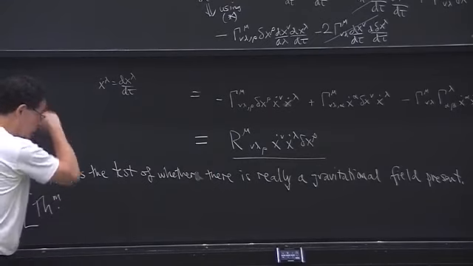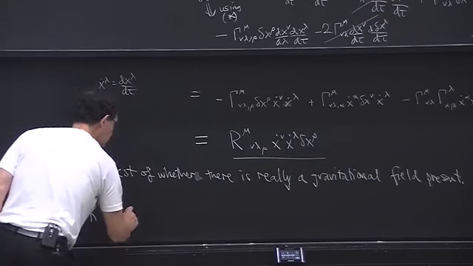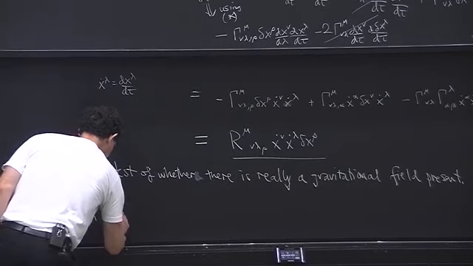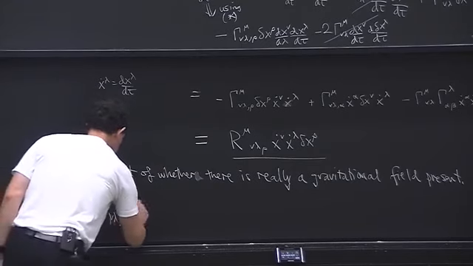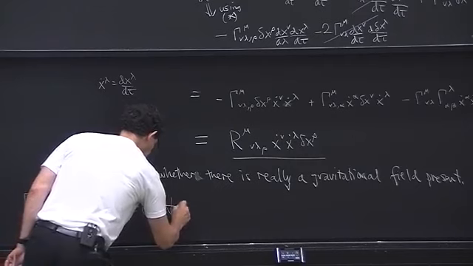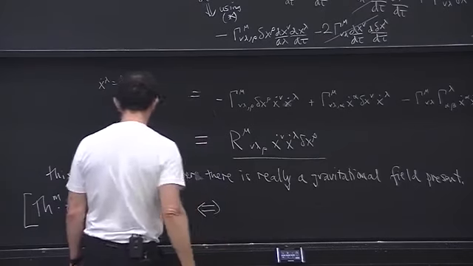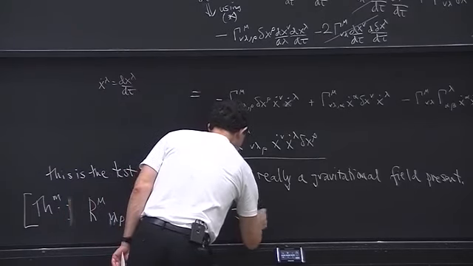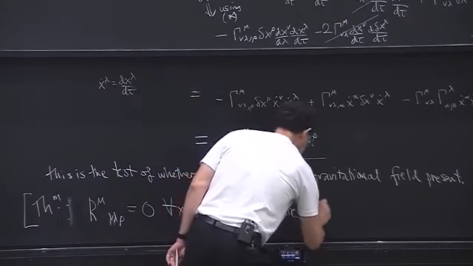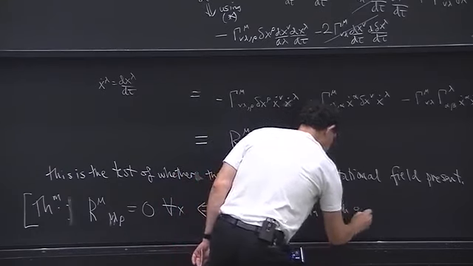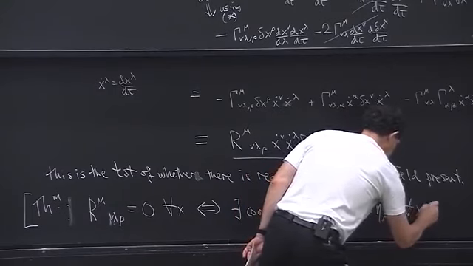It is proven in Weinberg's book, in Stephen Weinberg's book, that if the Riemann tensor mu nu lambda rho equals 0 at every point in space-time, this is a necessary and sufficient condition for there to exist coordinates in which g mu nu equals eta mu nu for all x.